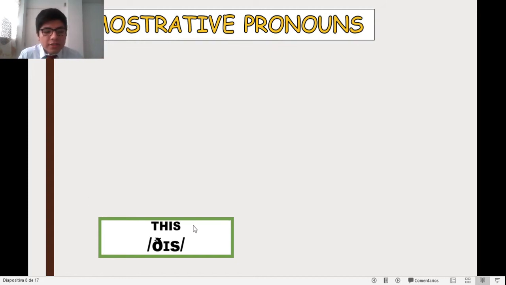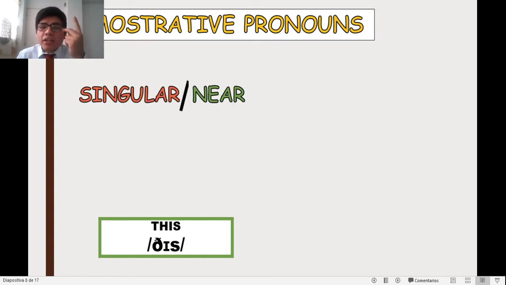You have in this part, this. The I sound is short, es corta. So you don't say a longer sound. You just say this, short. So when do you use this? With singular and near.